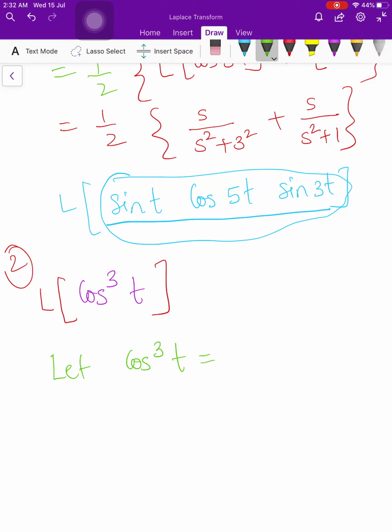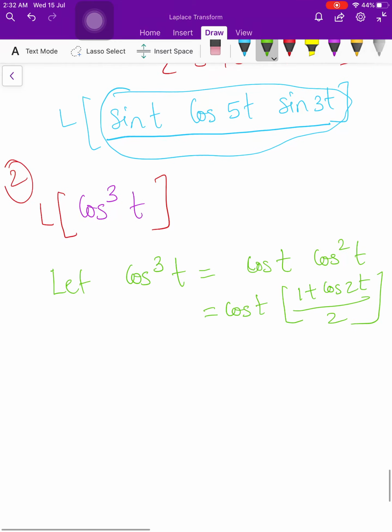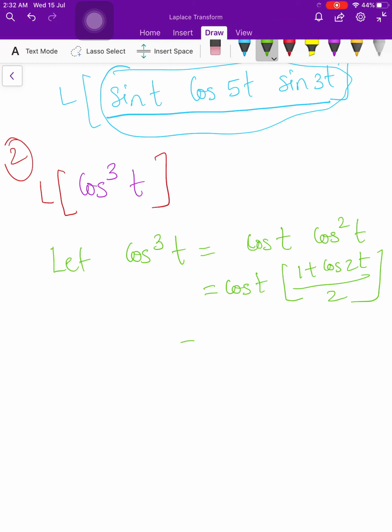Whenever you have an odd power, just take one out and separate it. Write one power of cos and then the remaining power. This cos t will be as it is, and you can write this cos square as 1 plus cos 2t upon 2 by using the trigonometric formula explained above. And now we have cos t upon 2 plus cos t cos 2t upon 2.